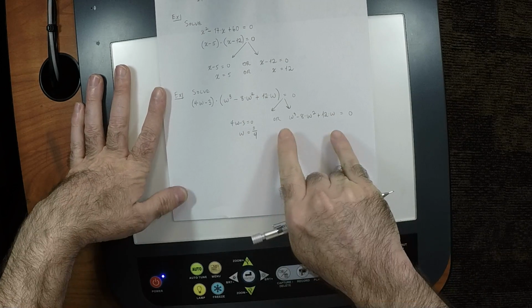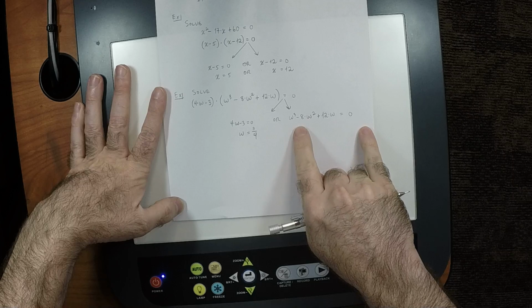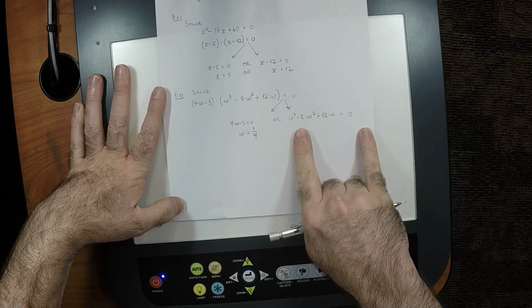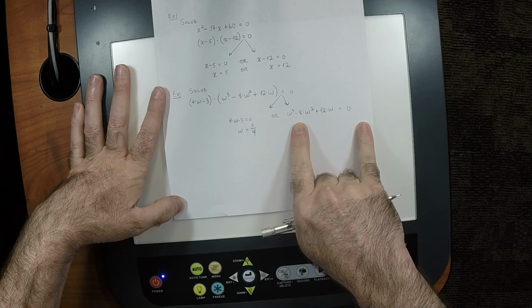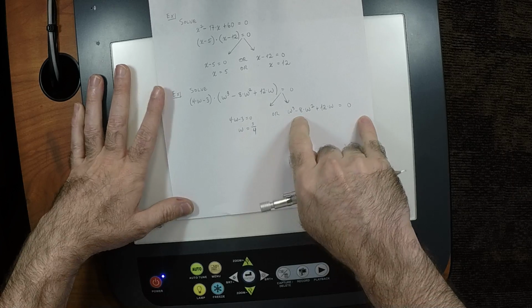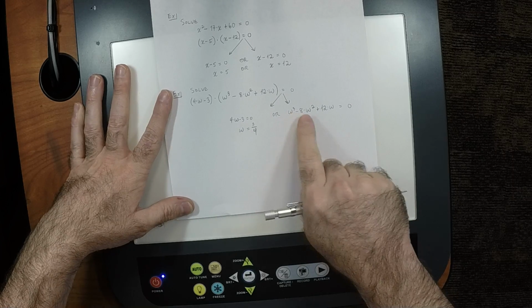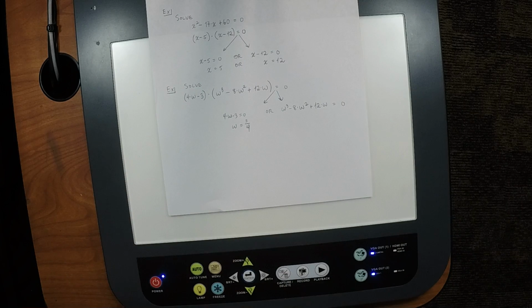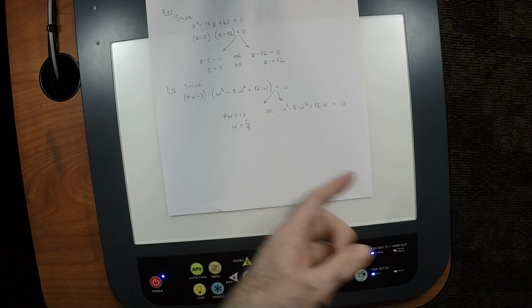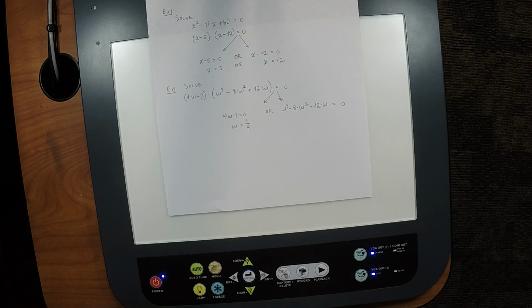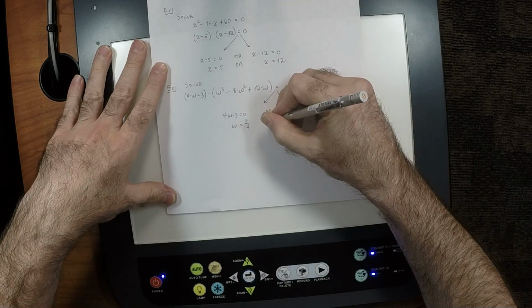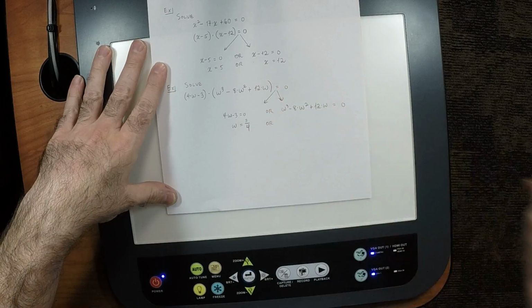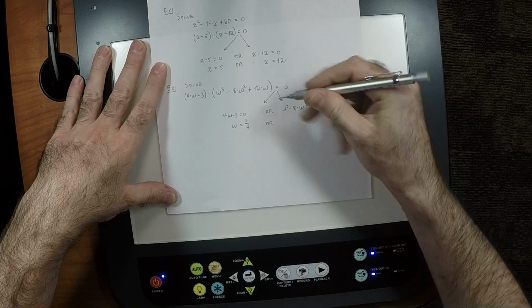Okay, but how do we go about doing this one? Well, let's look. We've got 1, 2, 3 terms. So there's 3 terms, and it's always a good idea when you're trying to do this kind of thing, if there is a greatest common factor, you should probably factor it out. So is there a greatest common factor? Yes. Yeah? So then what is the greatest common factor? w.